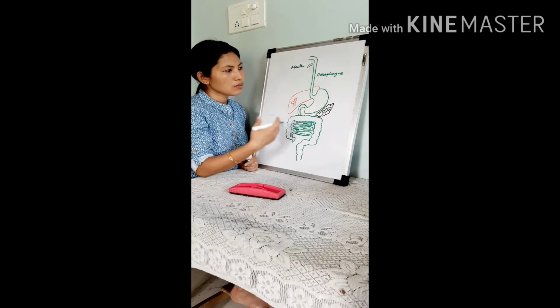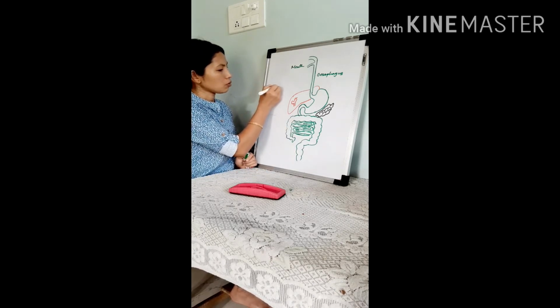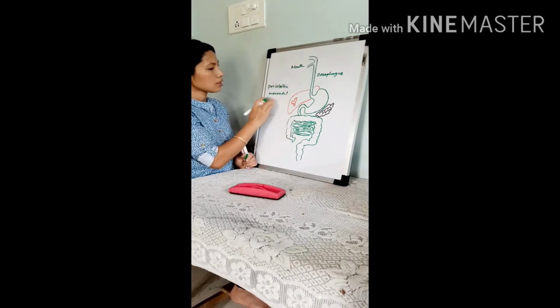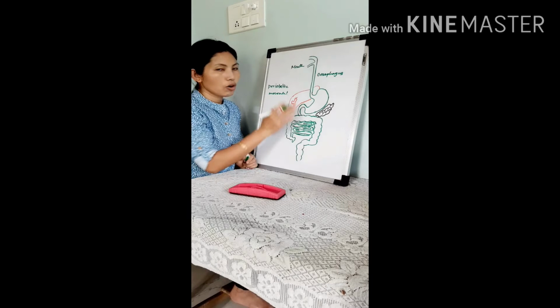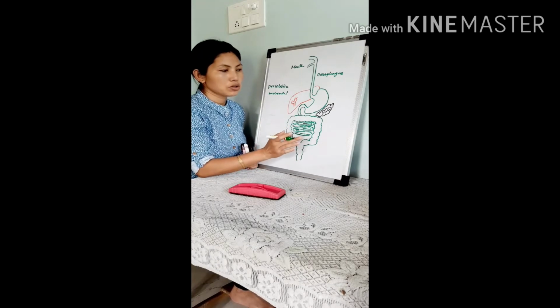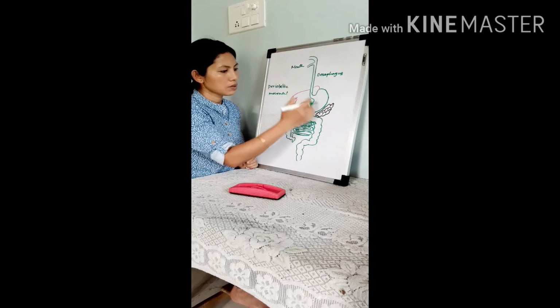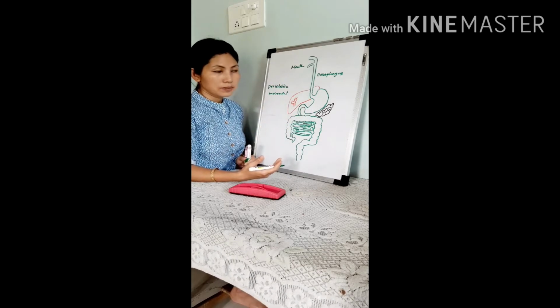This entire movement of the alimentary canal is achieved through the peristaltic movement. Peristaltic movement is an involuntary movement of the body parts or tissues, here the alimentary canal. This peristaltic movement helps the food to move from one part to another part, right?